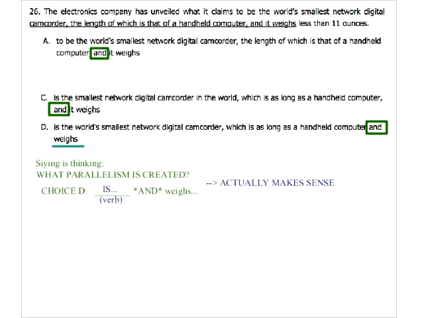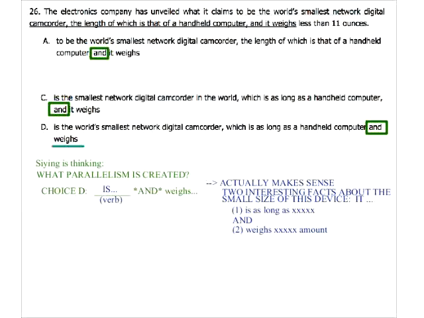And this is a parallel construction that actually makes sense because there are two interesting facts about the small size of this device. Number one, it is as long as whatever. And number two, also interestingly, it weighs X amount.